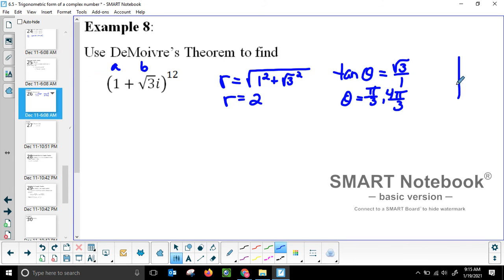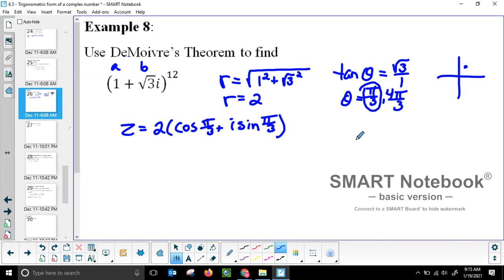If we were to graph this, 1 plus the square root of 3 i would be somewhere over here, in the first quadrant, so I know that this is my theta. So now I know that z is equal to 2 times the cosine of pi over 3 plus i times the sine of pi over 3.